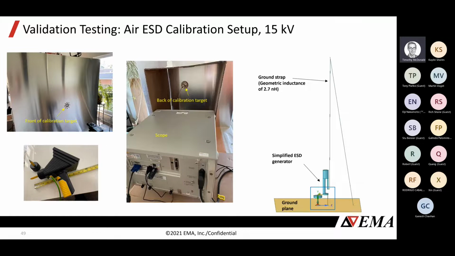Don't use the ESD gun unless you've properly attached your ground strap. Next step, this is hard to see in that picture, but the tip of the gun in simulation and test, it's non-contact. So there's an air gap of a few millimeters between the gun tip and the target. That's really the key point because we're going to create an arc in air.